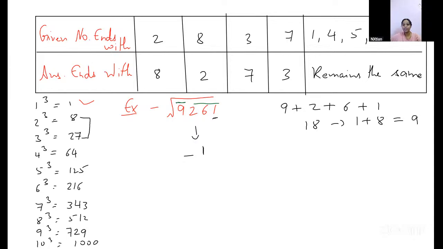I have to check from the cubes in between what cube the second number is coming. So 9 is coming between 8 and 27. What to choose out of 8 and 27, 2 cube or 3 cube? The lower one always. Okay, always choose the lower one, that is 2 cube. So we will choose 2.